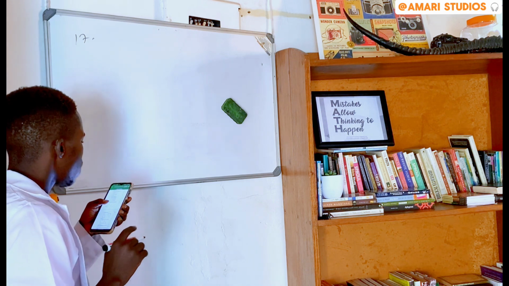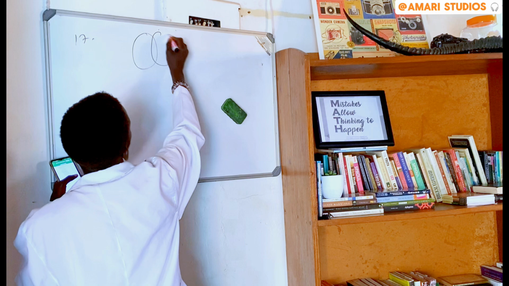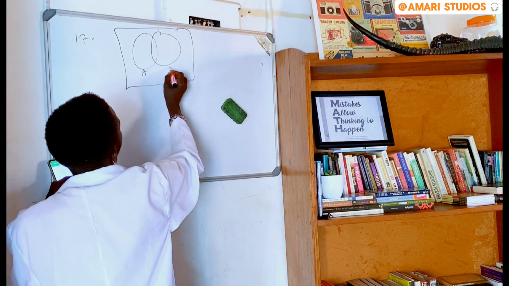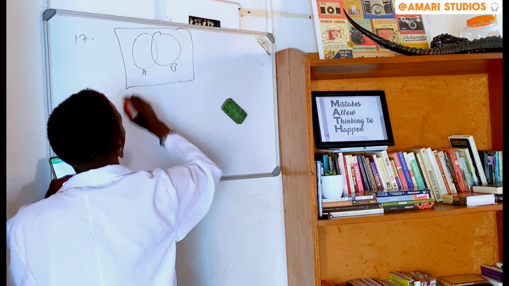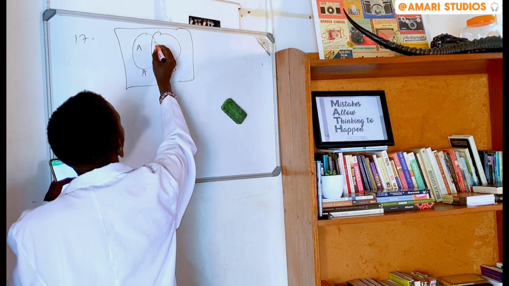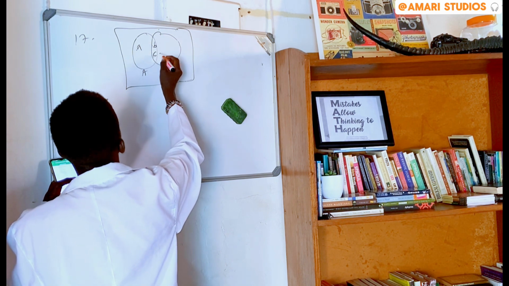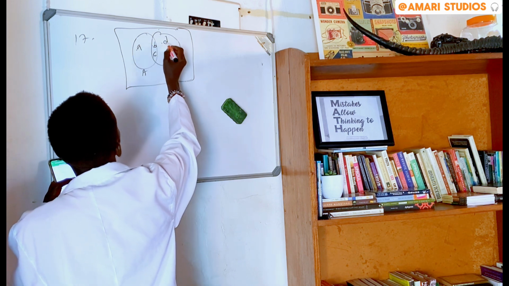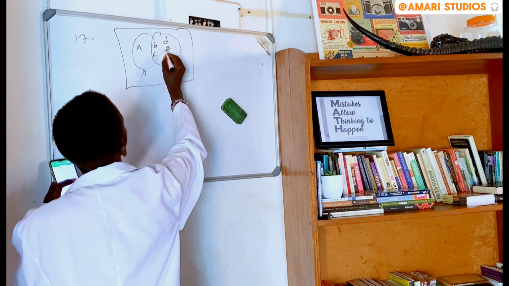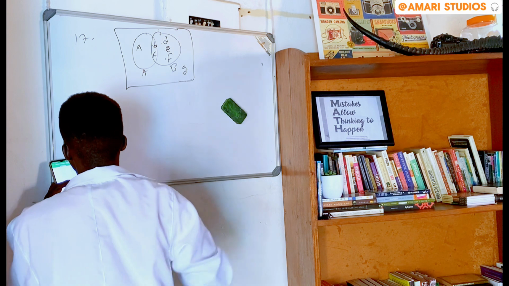The Venn diagram below shows set A and set B. That is set A and that is set B. Within these sets, we have members A, B, C, D, E, F, and lastly, G.